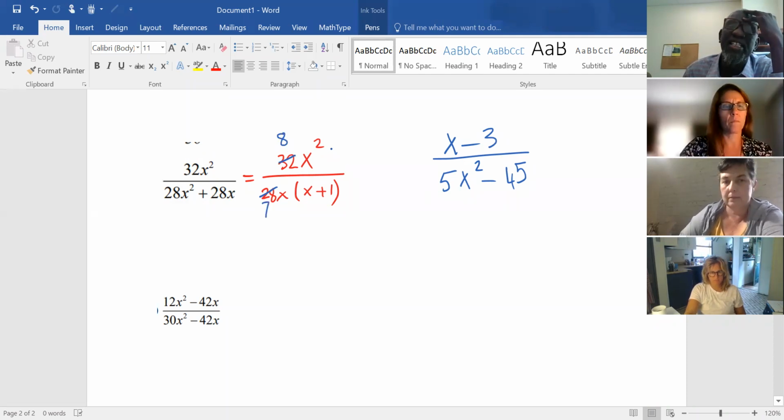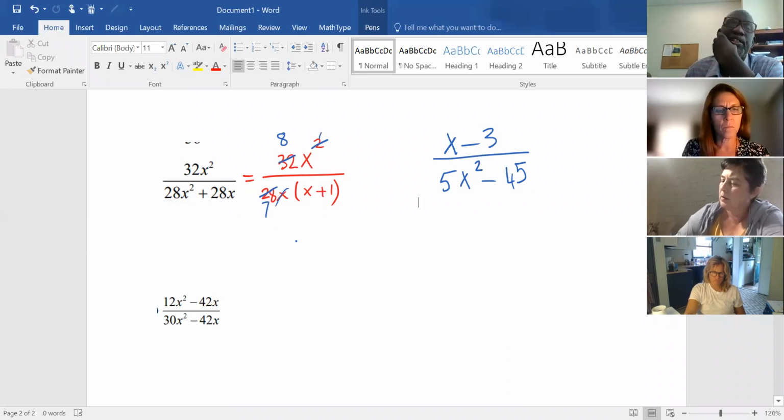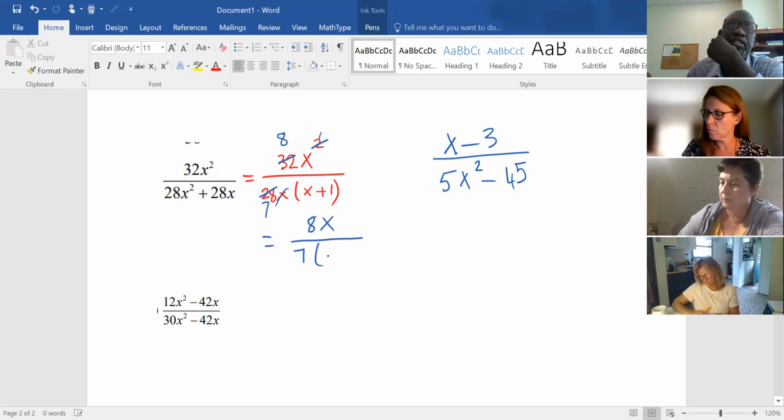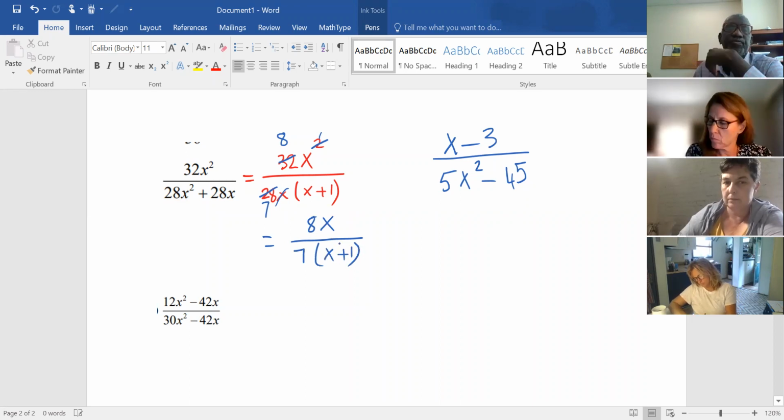And the x's, look at the x's. I have x squared divided by x. I can cross out the x, right? This x is gone, and on this x squared, the 2 is gone. You have 1 power left, okay? There's going to be 8x over 7 parentheses x plus 1. Okay?